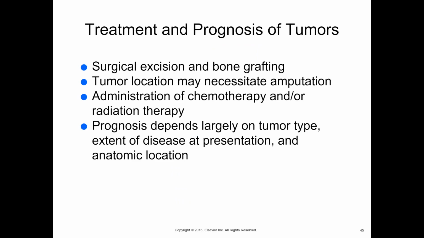So treatment and prognosis depends on the tumor type, depends on the size, depends on the location, just like every other type of tumor. With bone tumors, though, especially malignant ones, there is a risk of metastasis. Bone tumors love to metastasize to the lungs.